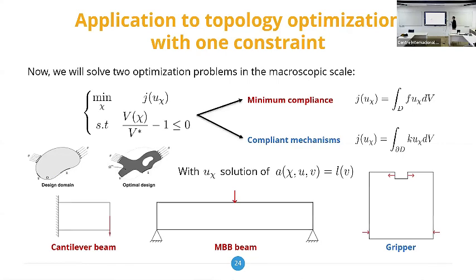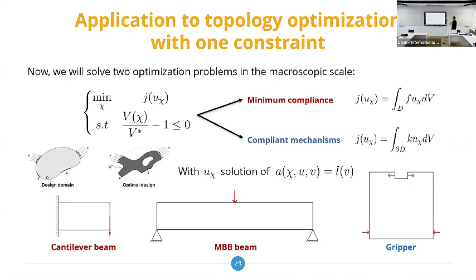Let's solve two topology optimization problems in the macroscopic scale. I will focus on minimum compliance problems and compliant mechanisms. Minimum compliance, as I presented at the beginning of this presentation, is basically the design of structures with maximum stiffness, because we're minimizing the compliance, the internal energy of the domain.